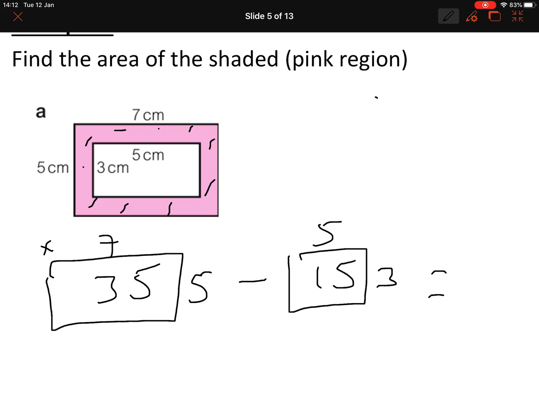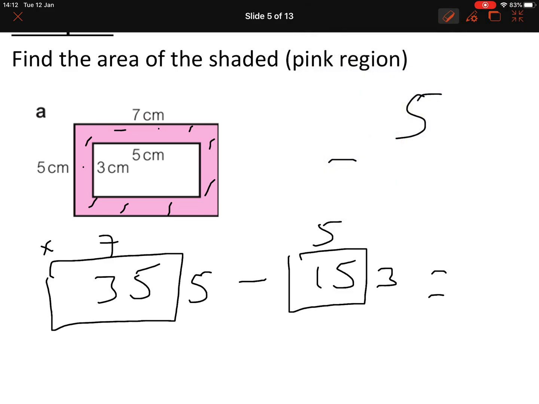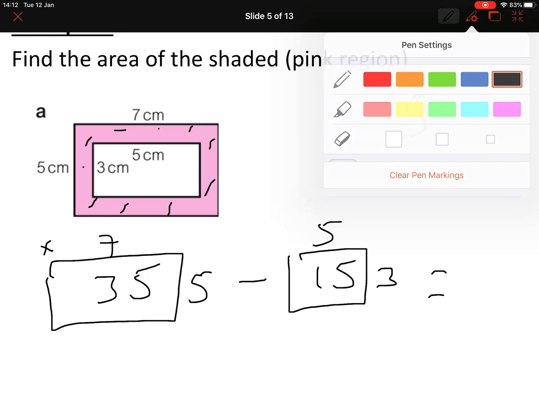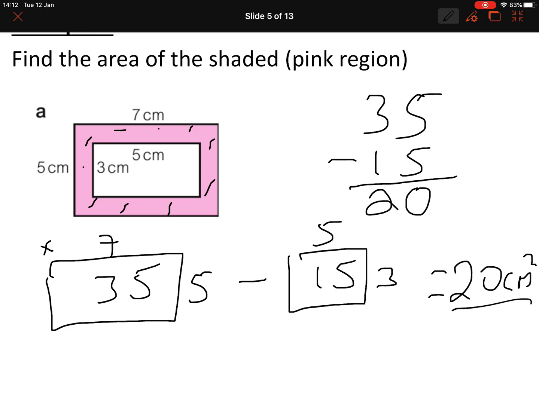So 35 minus 15, you can do this in your head: 5 take away 5 is 0, 3 take away 1 is 2, that would give you 20 centimeters squared.